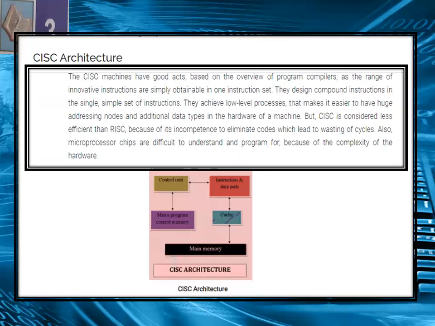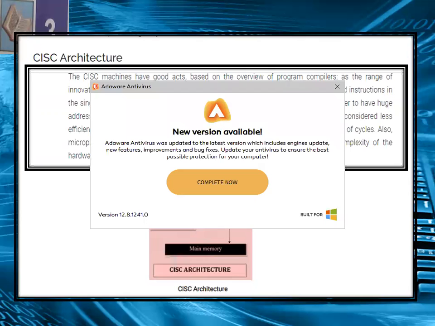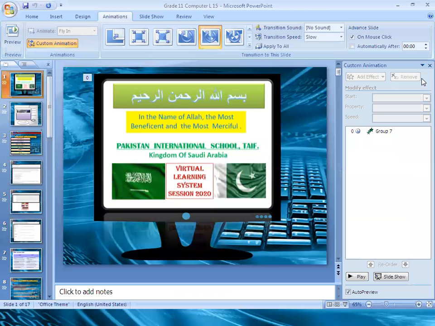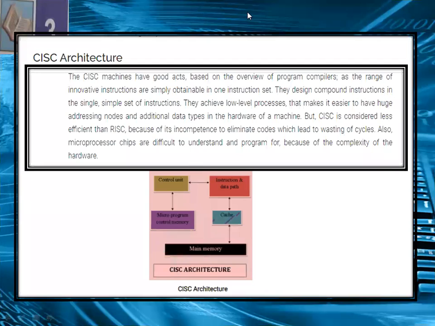But CISC is considered less efficient than RISC because of its incompetence to eliminate codes, which leads to the wasting of cycles.